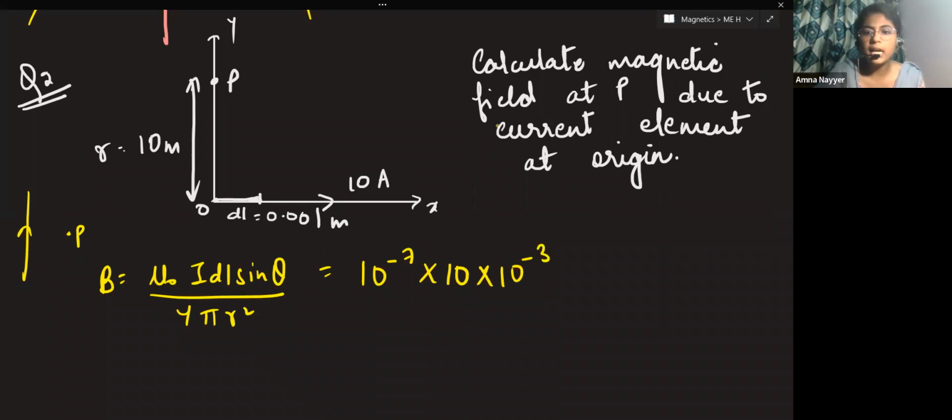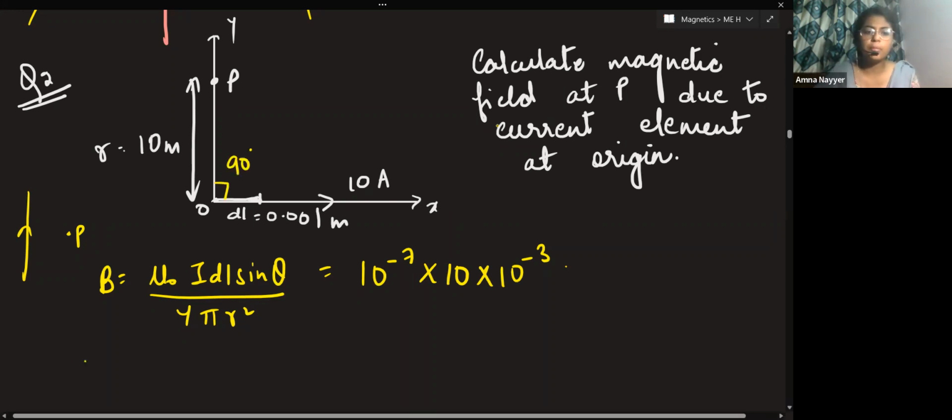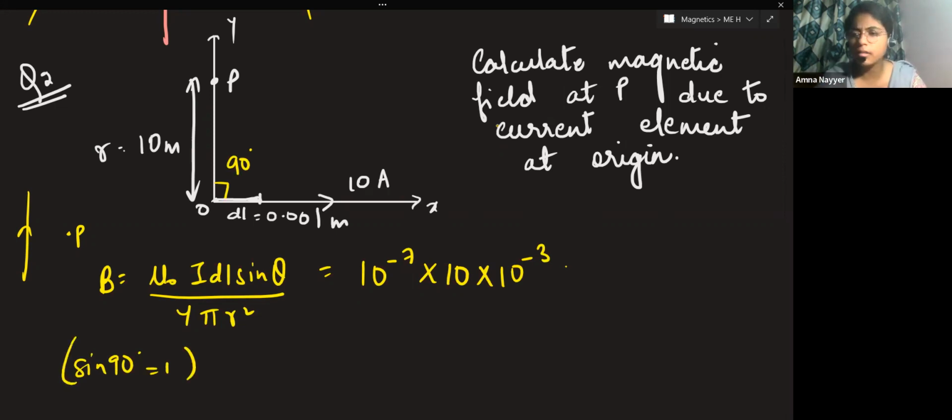And here I have sine theta. See, class, the angle between dl, the current element, and the radius vector is taken as theta, and here it is 90 degrees. You already know sine 90 degrees is 1, so no problem with the angle.